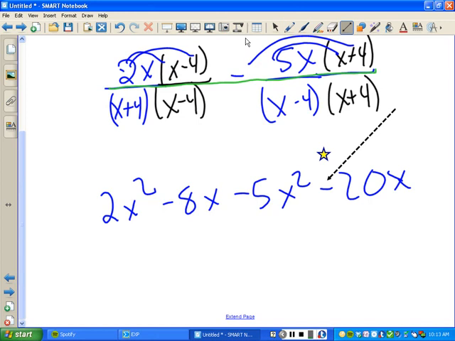I said probably. I didn't say for sure. Okay? That minus sign in the middle of these two problems causes more problems for people in terms of messing up the equation. And the worst part is, if you don't get that minus sign distributed, oh boy, your answer is going to be wrong, and the only way to get it fixed is to get lucky.